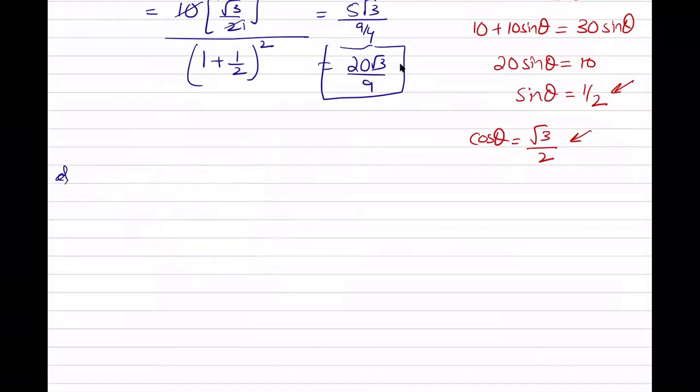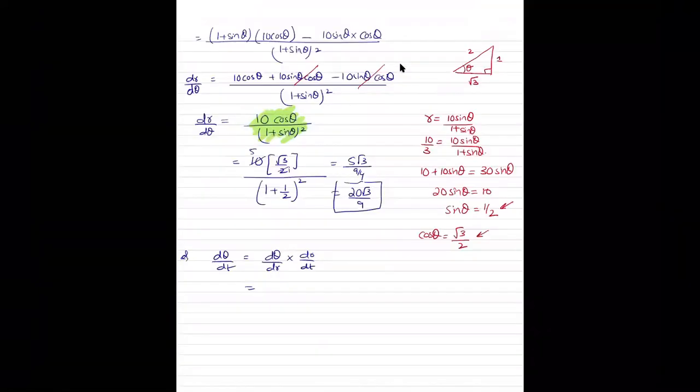So d theta over dt is going to be equal to d theta over dr times dr over dt. If my dr over d theta is this, then d theta over dr is just going to be the reciprocal of this. That is going to be 1 plus sine theta square over 10 cos theta times dr over dt.